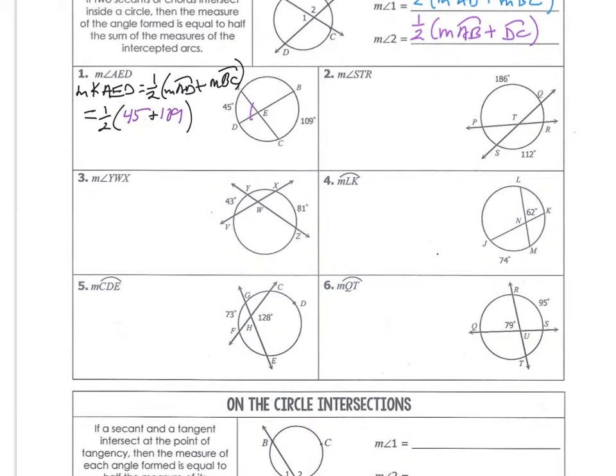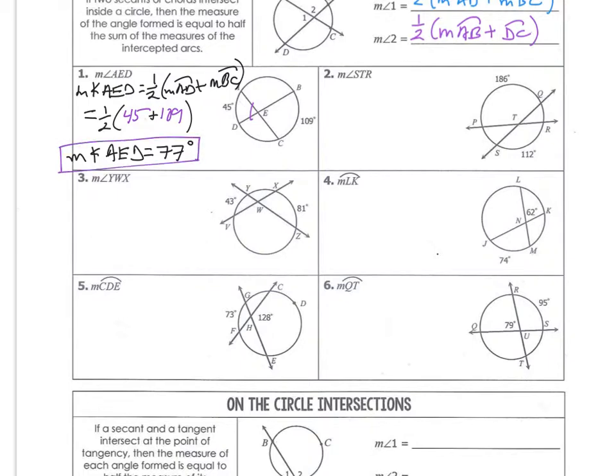What do you get? 154 divided by 2 is 77. So the measure of angle AED is equal to 77 degrees. That's not so bad, right?